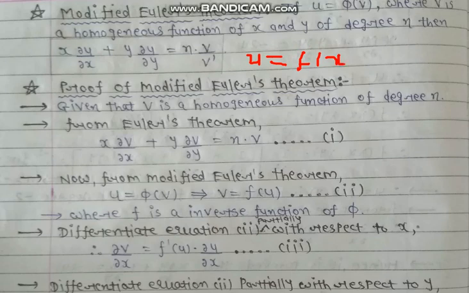Now, if u is a function of x comma y, we introduce another variable v. Now u is a function of v, and v is a function of x and y indirectly.